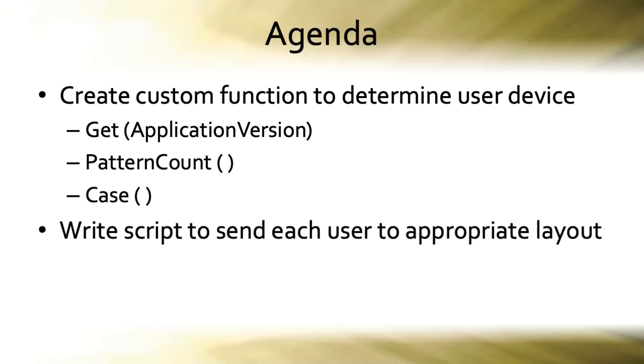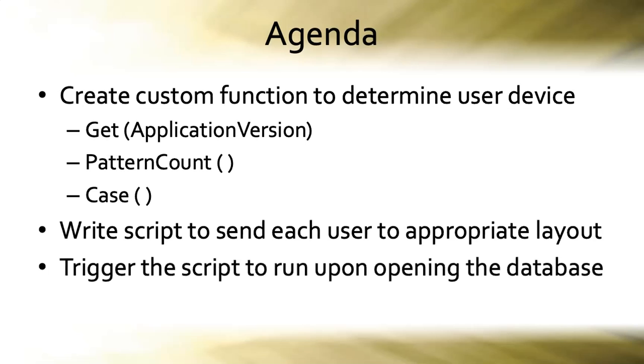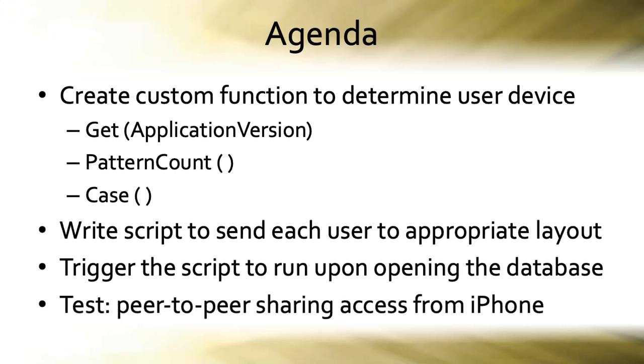Once we've determined what kind of device each user has used to connect to our database, we'll write a script that will send each user to a layout that's appropriate for their kind of device or application, means of connecting. We will trigger that script to run upon opening the database, and then we'll test it all out by enabling peer-to-peer sharing and accessing the database from an iPhone. So that's where we're headed in this session.